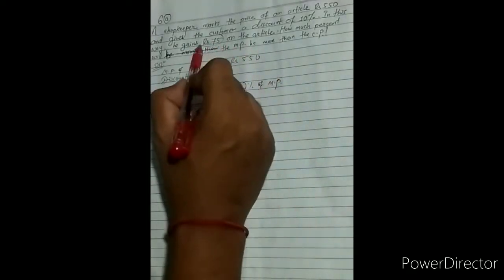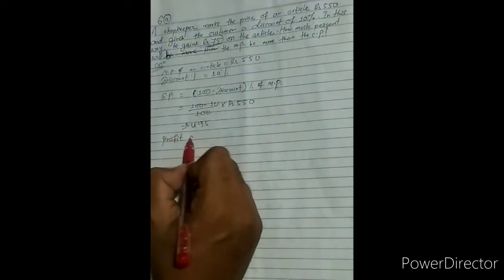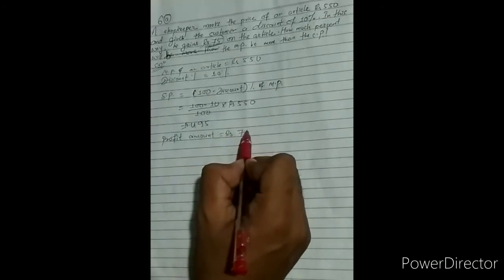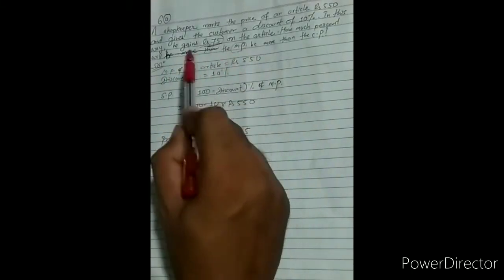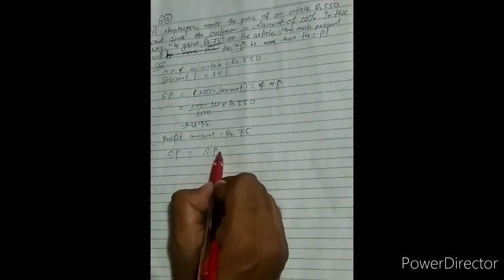Now the profit amount is given as rupees 75, and you have to find how much more MP is than CP. So you can find CP. What is the formula of CP when SP and profit are given? Between selling price and CP, in the case of profit, CP is less.